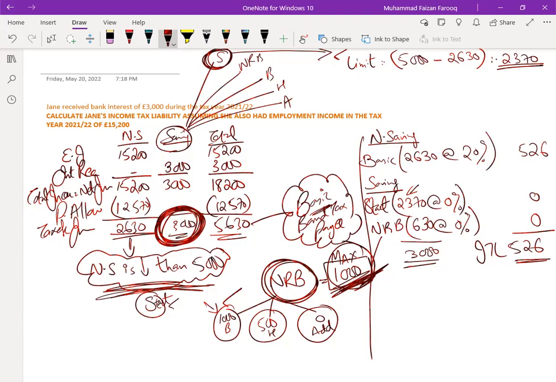We applied 0% because in the start band and the nil rate band the tax percentage is 0, no tax. So the income tax liability for this question is 526. Any questions?